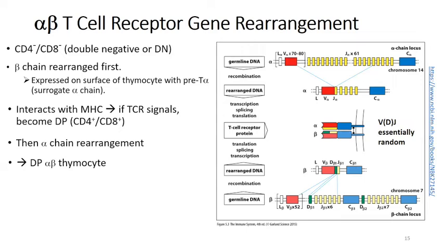It's not part of the functional receptor, it's just functional to allow that out. It's not part of the actual receptor. Then if that's successful, you have this double positive alpha beta thymocyte.